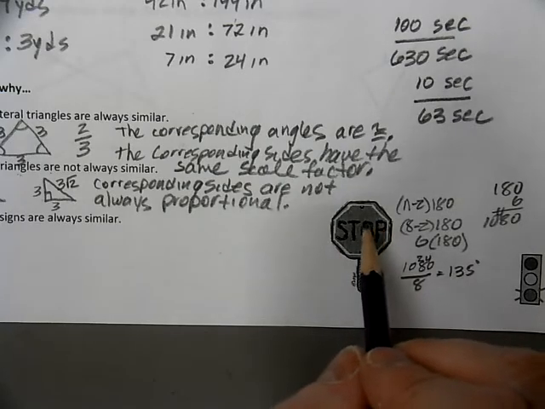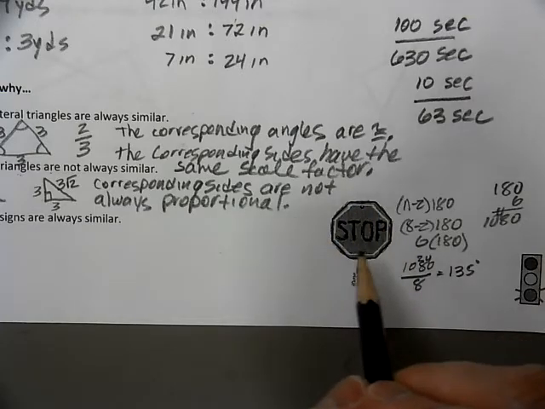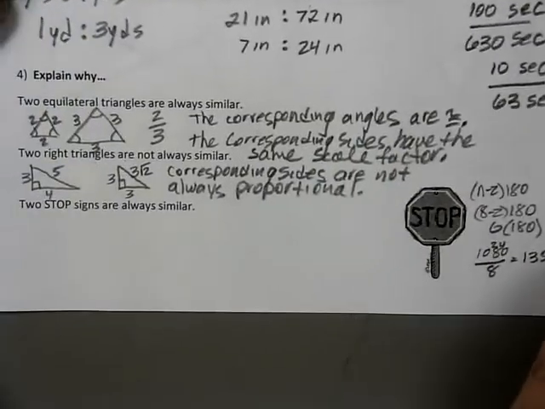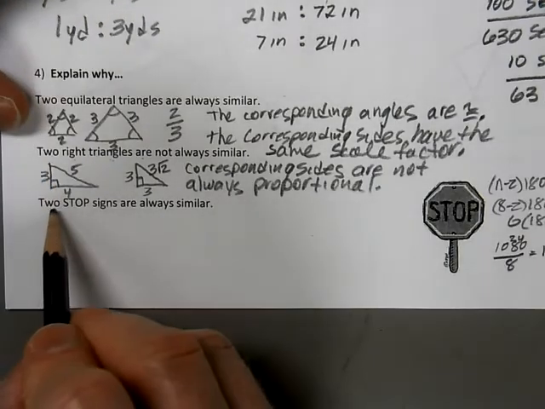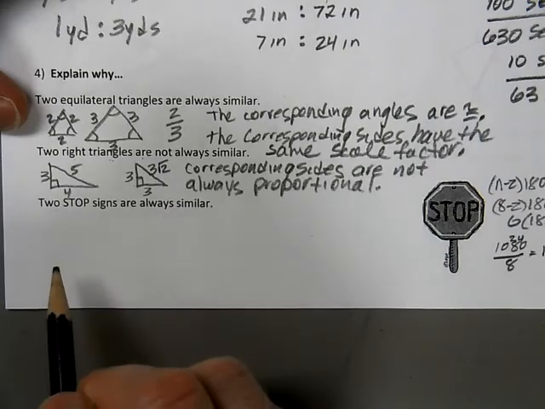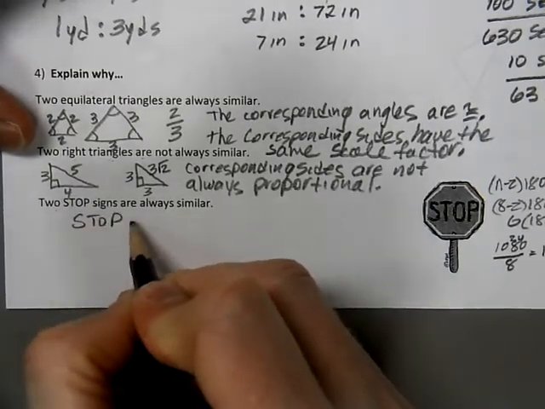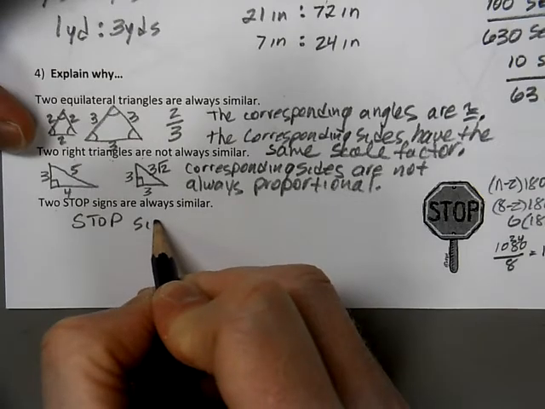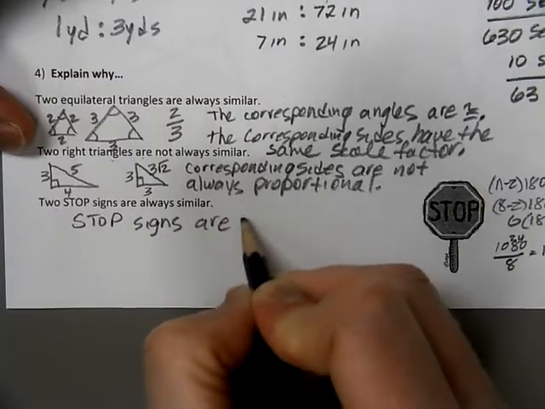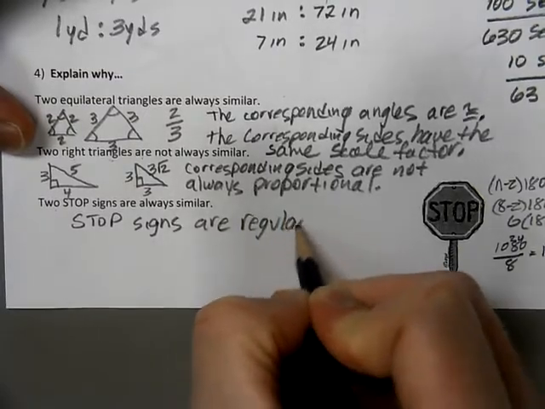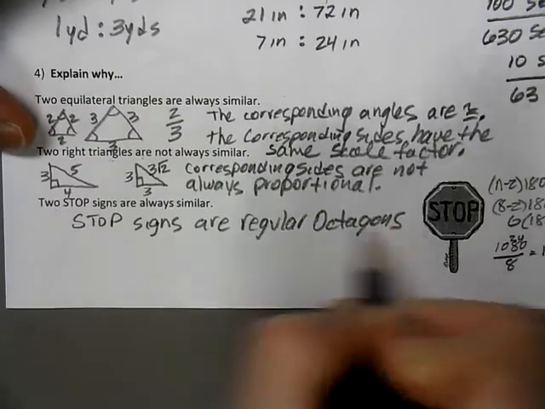The size of the stop sign might change the length of a side. Therefore, you get 2 similar stop signs. So, explain why 2 stop signs are always similar. Stop signs are regular octagons.